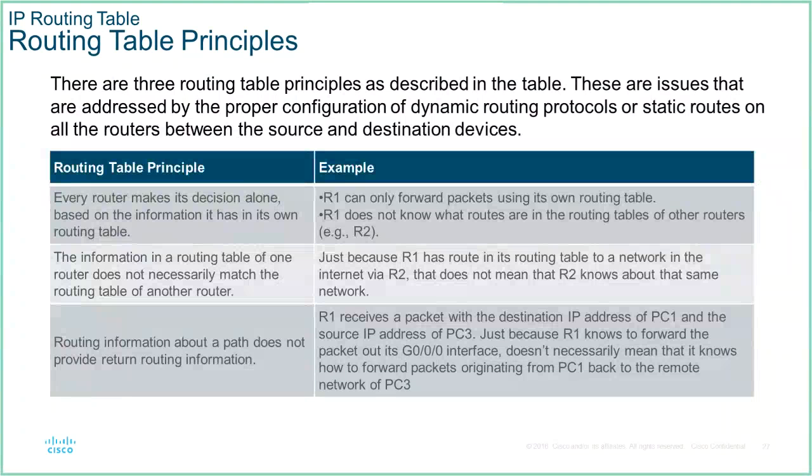There's all sorts of reasons why devices will end up with different entries in their routing tables, none of which we'll go into in this course because route filtering and other things like that can get messy and require a bit of practice to get your head around.